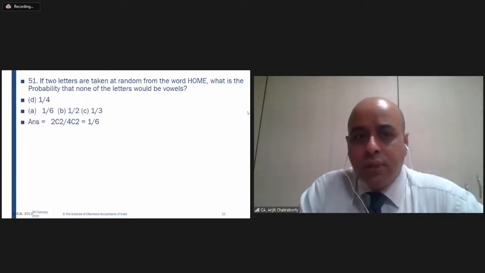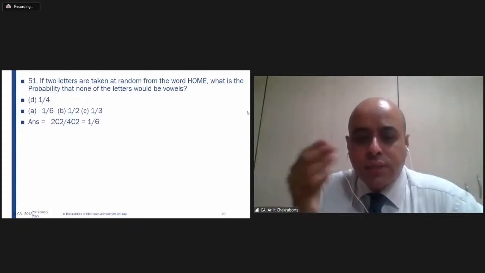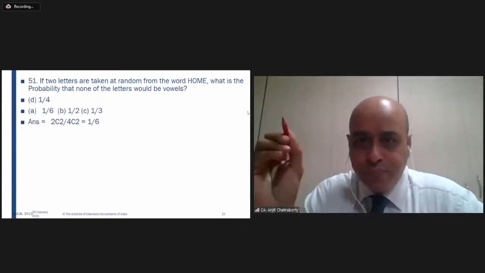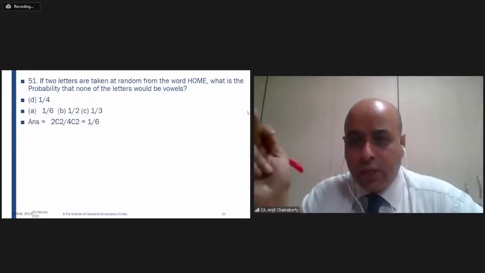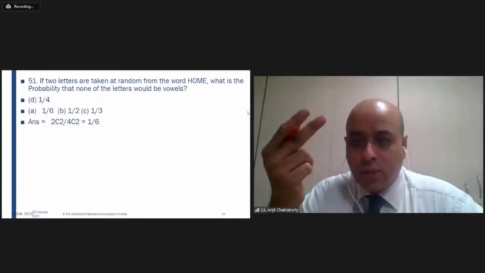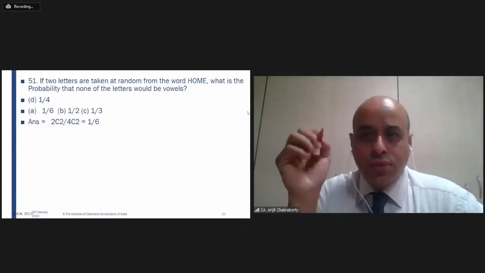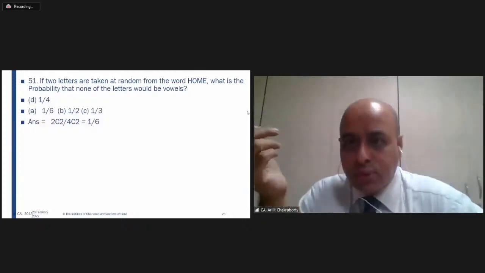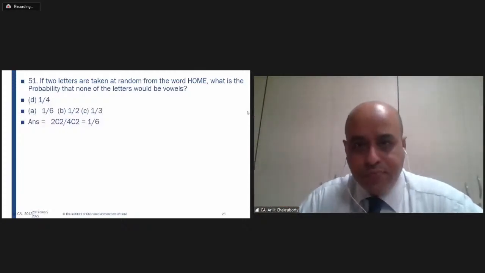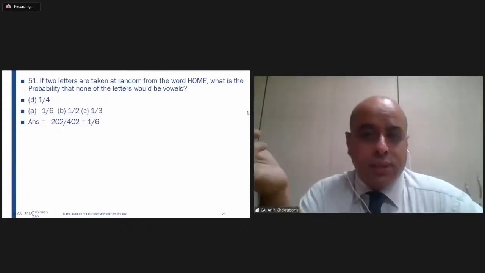So the total number of ways in which we can select the two letters is 4C2. There are 4 letters, H, O, M, and E. So how many ways can you select 2 letters out of 4? It is 4C2, just a question of combination. 4C2 is 6. So in the denominator, we get 6. And now the question is, none of the letters are vowels.